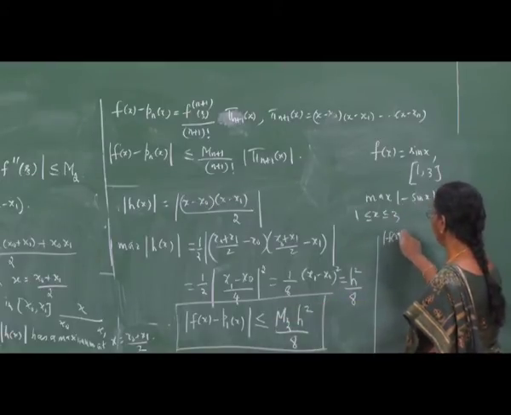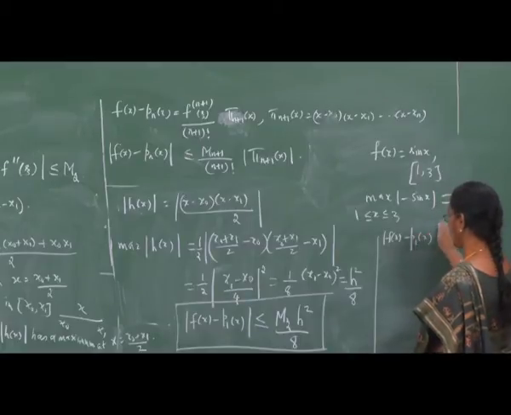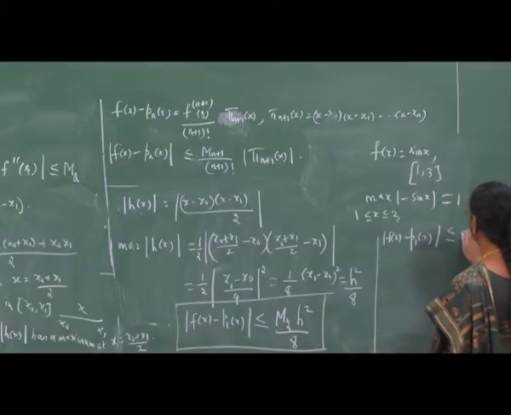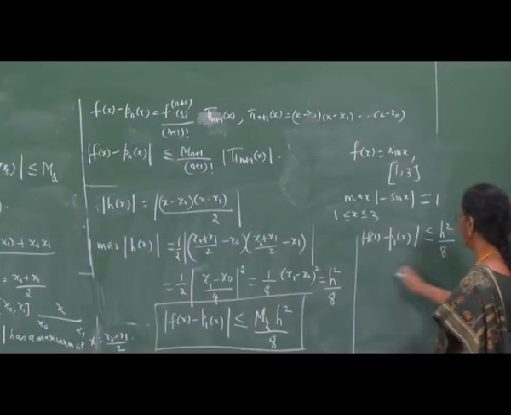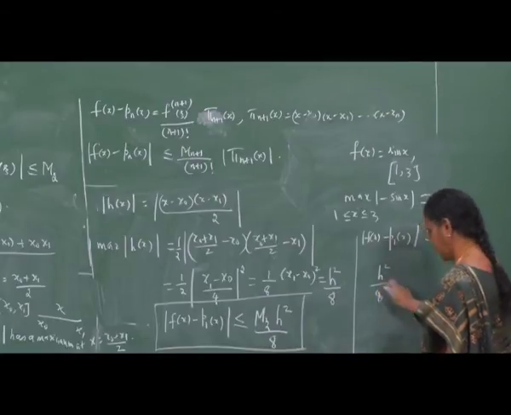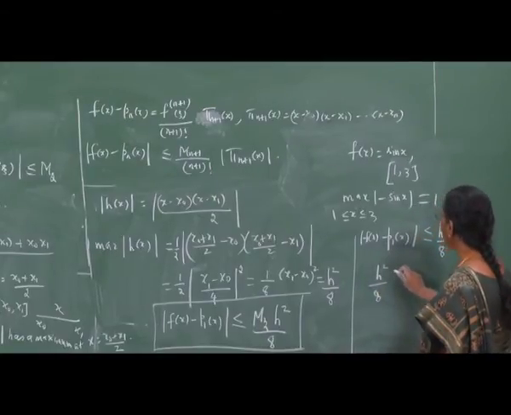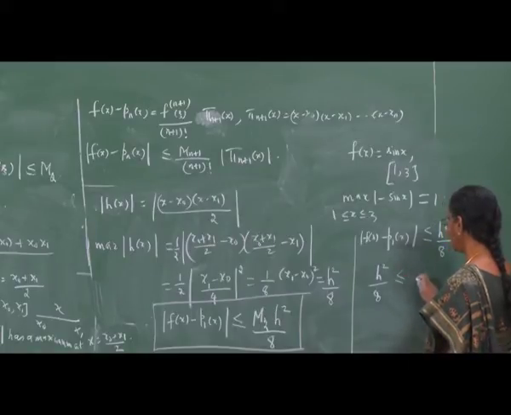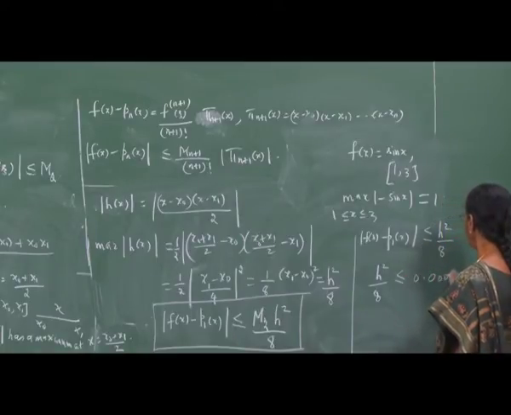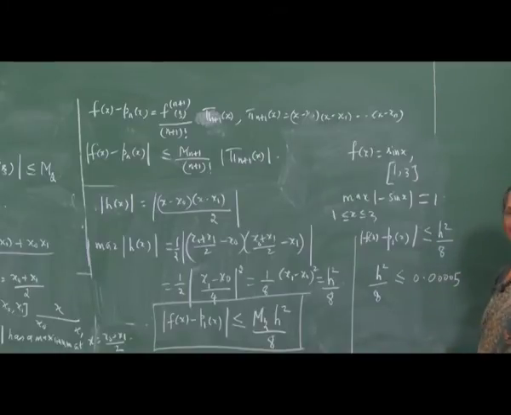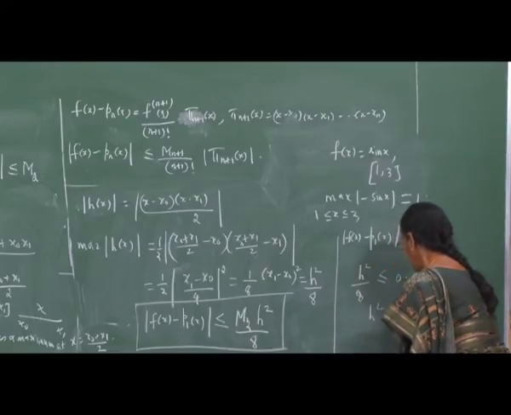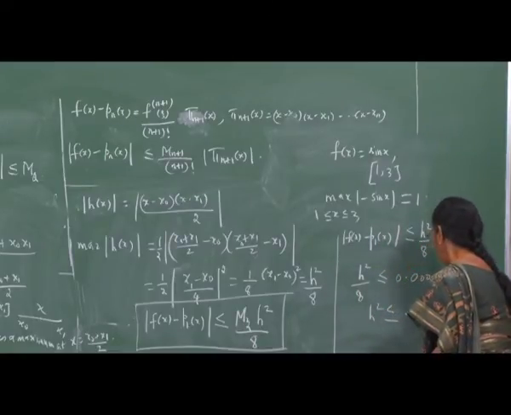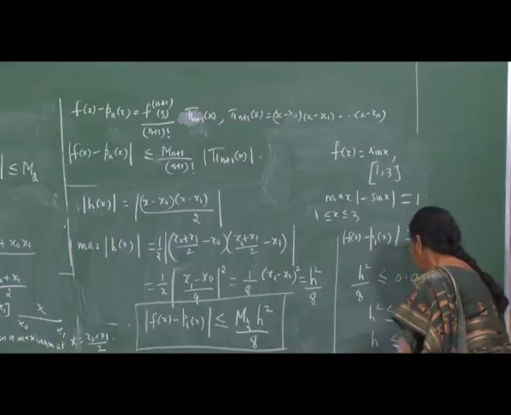So, modulus of f of x minus p1 of x is less than or equal to h square by 8 into 1, and my h should be such that I want h square by 8 into m2, which is 1, to be less than or equal to 0.00005, correct to 4 decimal places. So, that gives you h square to be less than or equal to 0.0004. So, h is less than or equal to 0.02.